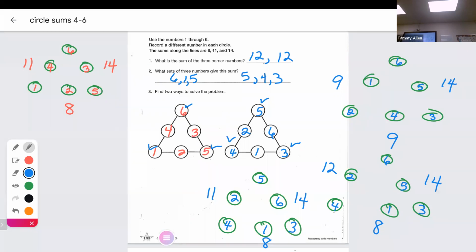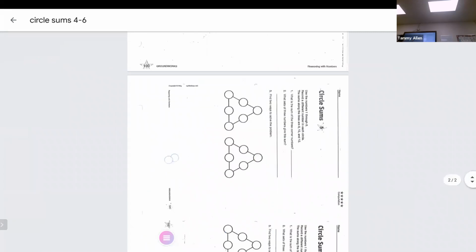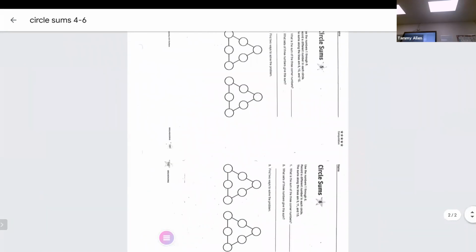Turn it over to the other side. You got 5 and 6. It's due on Friday. Make sure you show all attempts. Don't erase your attempts. Show all your attempts. Use another sheet of paper. And make sure you answer these 2 questions.